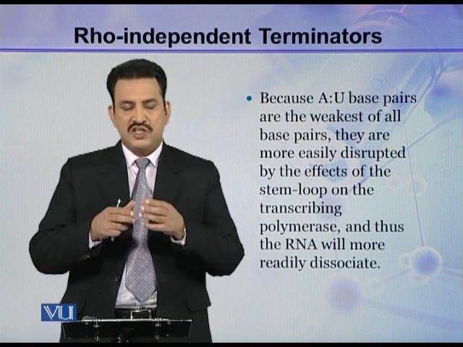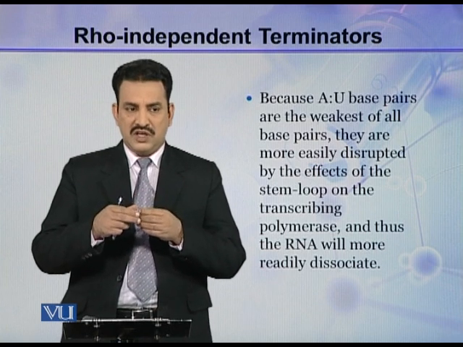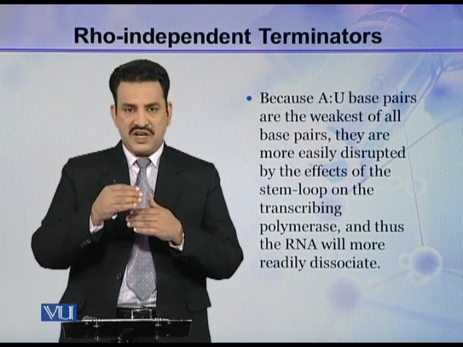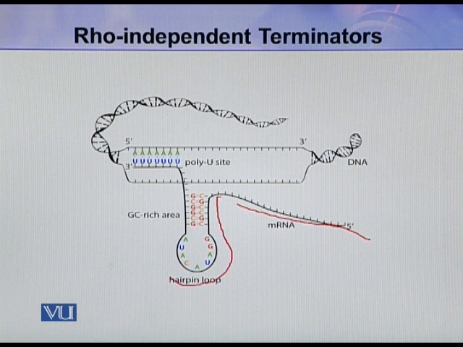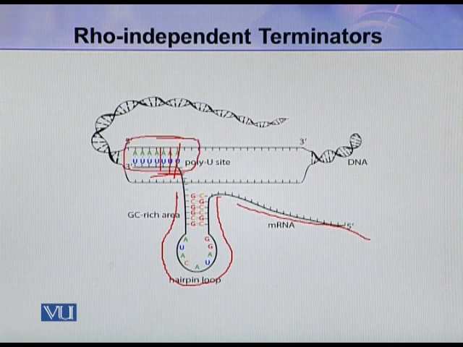So it can easily dissociate because the interaction between this transcript and DNA is very weak. This is the mRNA transcript, and this is the stem loop or hairpin loop, and this loop is followed by a small stretch of AU sequence. This is the weakest interaction between mRNA and DNA template, so it can easily dissociate from the DNA.